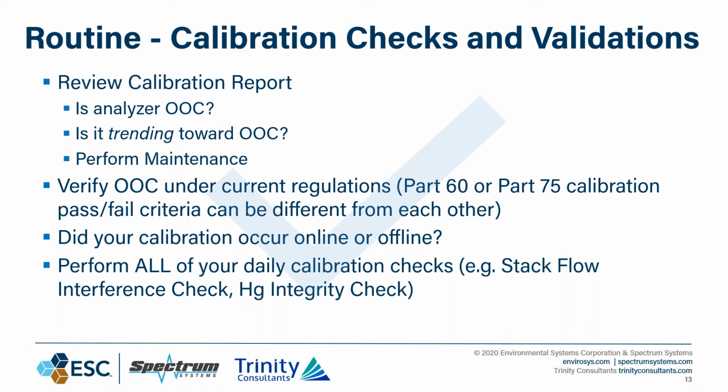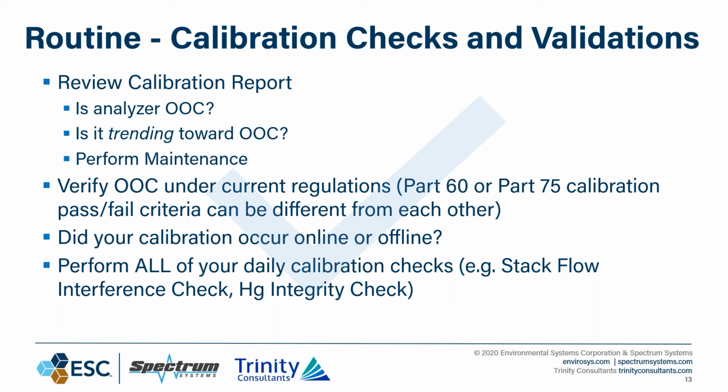Perform the required maintenance that is necessary for your analyzers to calibrate and perform properly. Verify whether you are out of control under the regulations that affect you, because Part 60 and Part 75 cal pass-fail criteria are very different from each other.